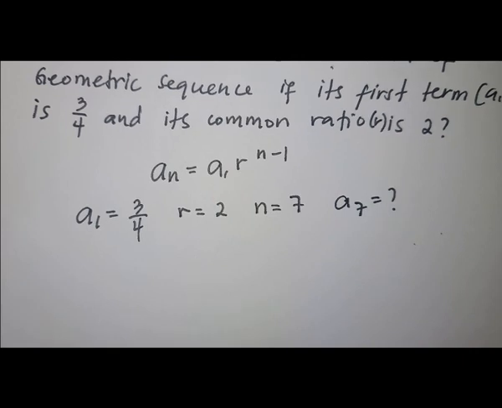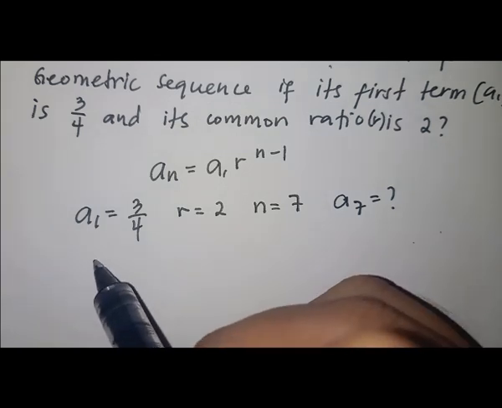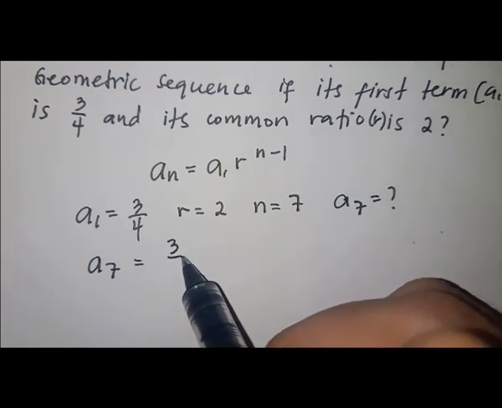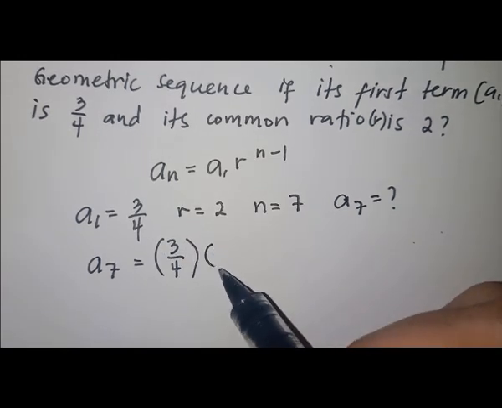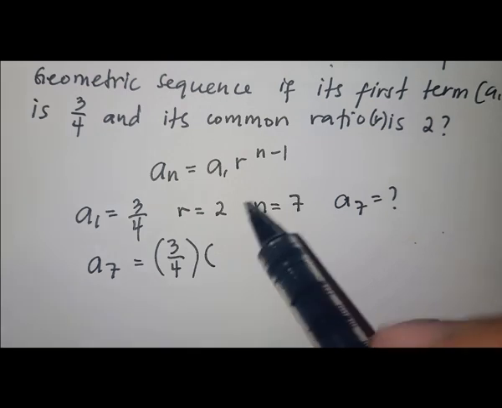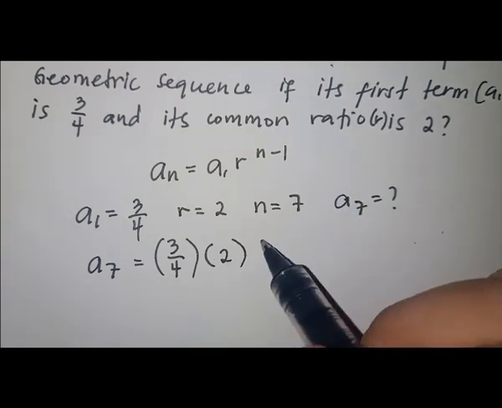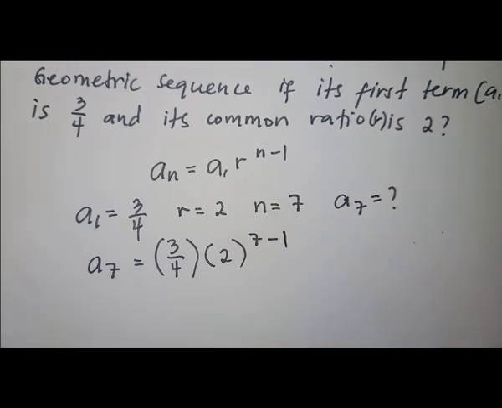Okay, so let's start. Again, substitute natin yung corresponding value. Ang kailangan nating hanapin yung a sub 7 equals, ang a sub 1 natin ay 3/4. Okay, multiply your common ratio, yung r natin ay 2 raised to 7. Okay, yung n kasi natin ay 7 minus 1. Sige.